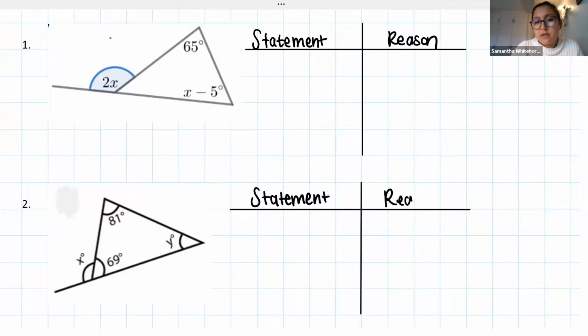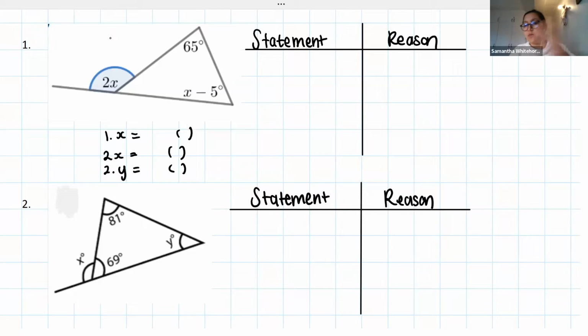I'm going to give you 5 minutes for both of those questions. When you give your answers, let's give it as 1, X equals, and then our reason; 2, X equals, our reason; Y equals, our reason, just so that when we see your answers on the chat, we know which answer's which.